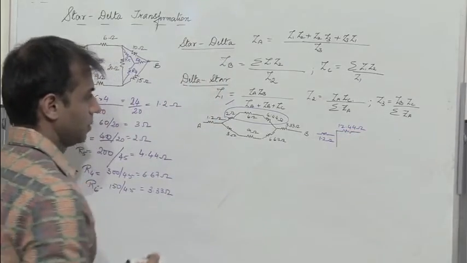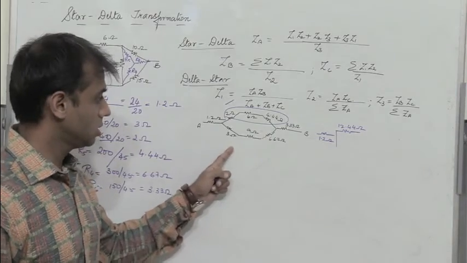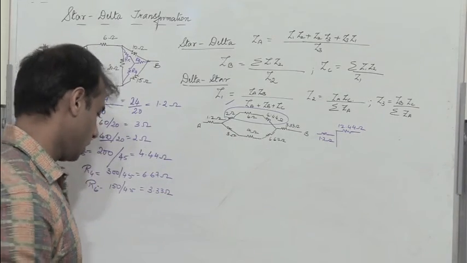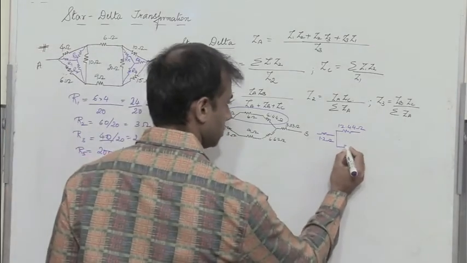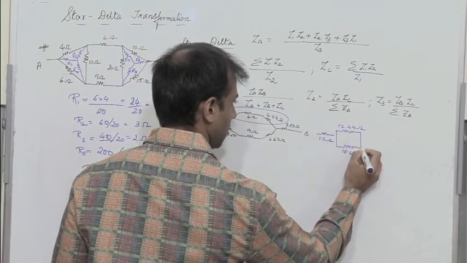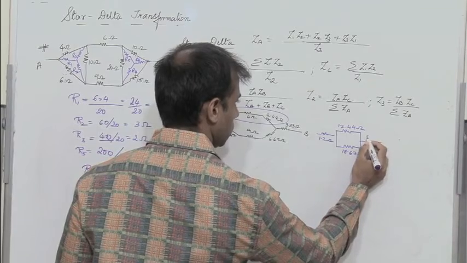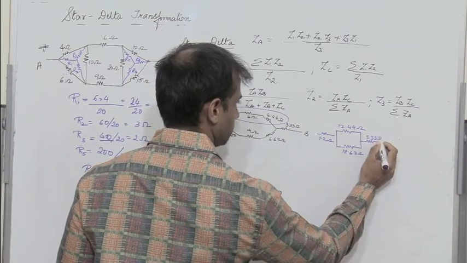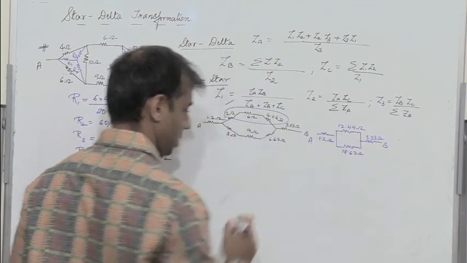Then down below we have these three resistors connected in series, so I add all of them up and we get 18.67 ohms. And then we have 3.33 ohms between the two terminals A and B.